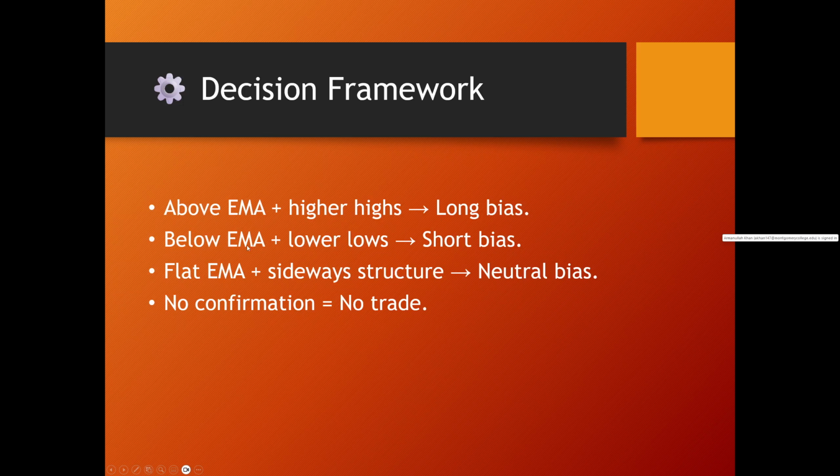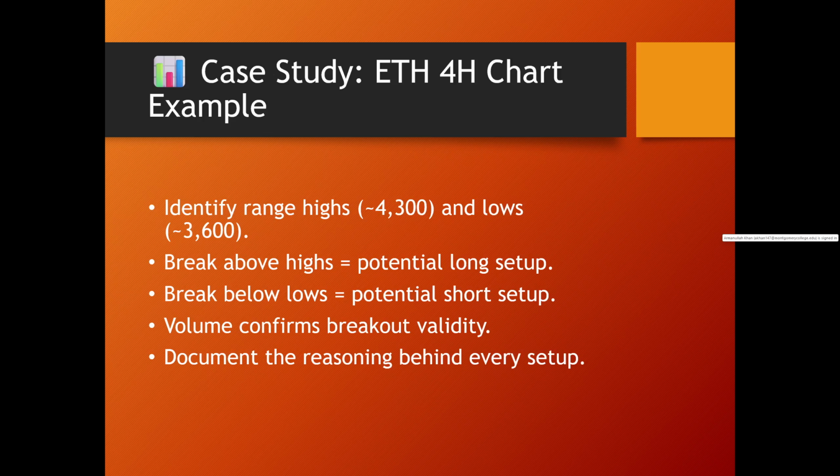If it's below the exponential moving average or making lower lows, there's a short bias. And if the EMA is really flat or sideways, there's a neutral bias. And if there's no confirmation, you shouldn't take the trade. The more times the price touches a level, the more significant it becomes. The market really pays disciplined traders who wait for clear confirmations.